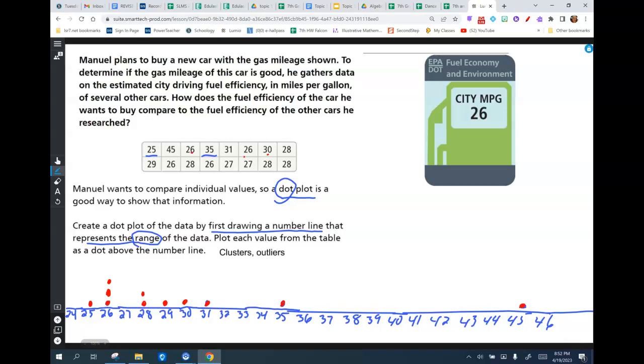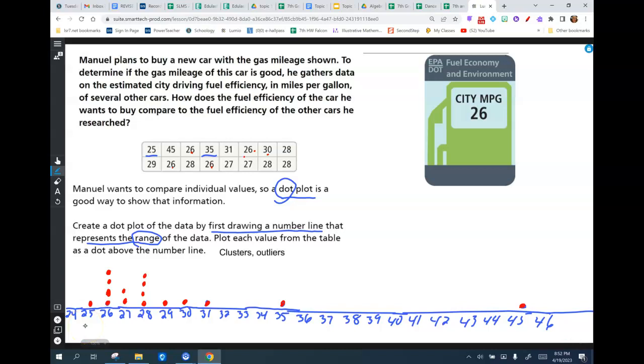Wait, now I lost track. 1, 2, 3, 4 26s. So another 26, 27, 27, 28, 28. Now, the one thing I did wrong is that you do try to line your dots up so that you can easily count that there are 4 of, like, 26 and 28.